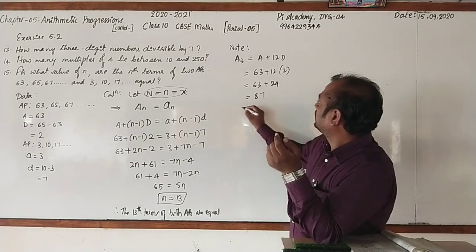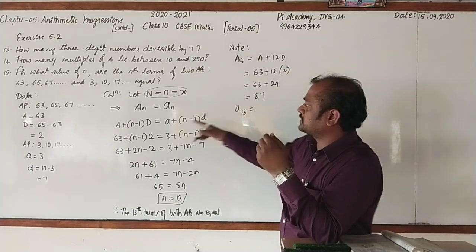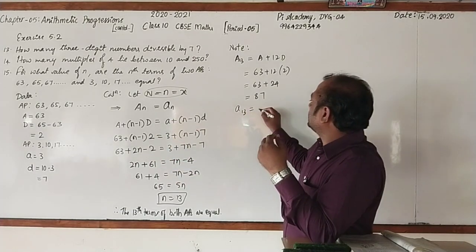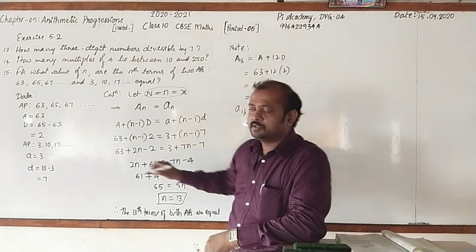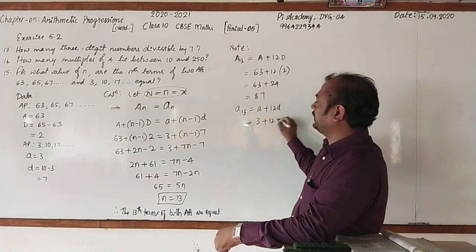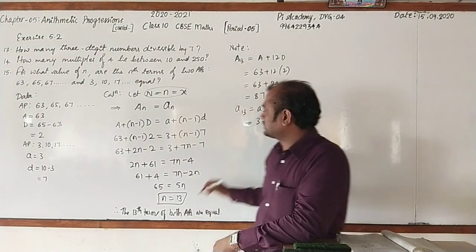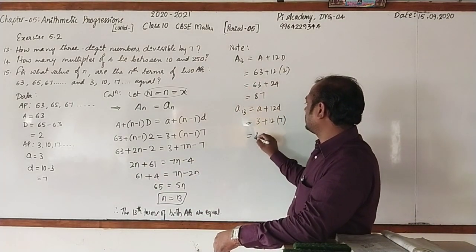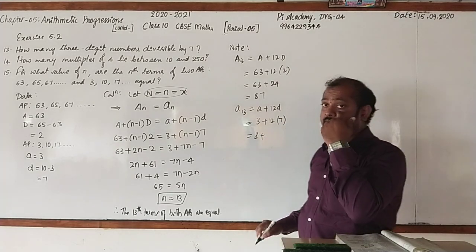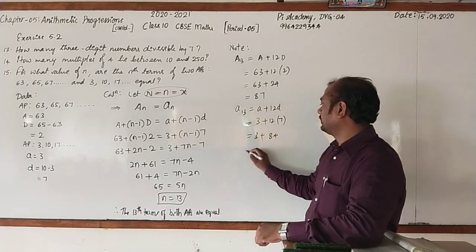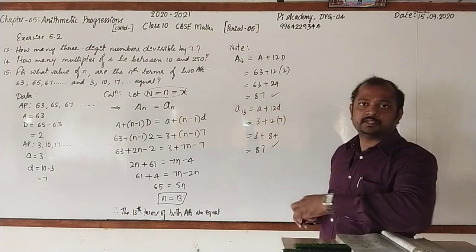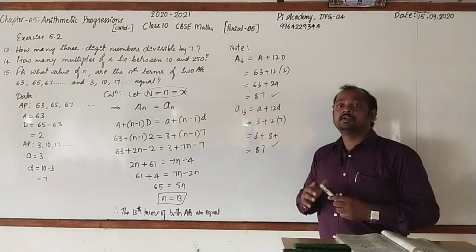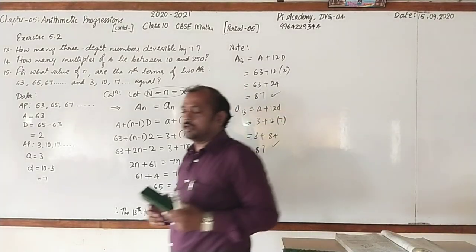Then 13th term of second AP, it is a plus, again 12d. What is small a? This is 3 plus 12 into d is 7. 3 plus 12 sevens are 84. 3 plus 84, 87. See, 87, 87. Got it? If you want, you can go for writing that.